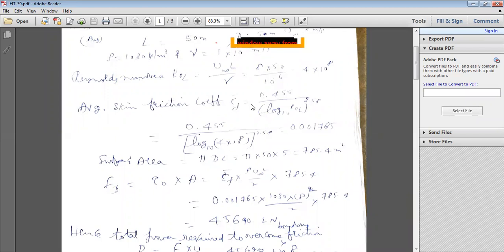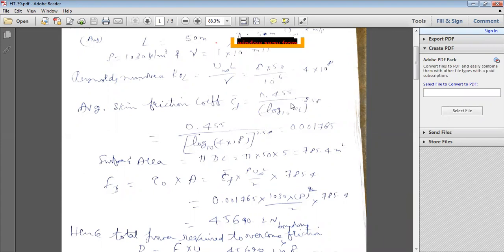Cf bar, for the given Reynolds number. Yesterday, for a range of Reynolds numbers, there are two formulas used for calculation of Cf bar, the average skin friction coefficient. From the two available formulas, the one that can be used for this condition is Cf bar equal to 0.455 divided by log Re_L to the base 10, whole to the power 2.58.